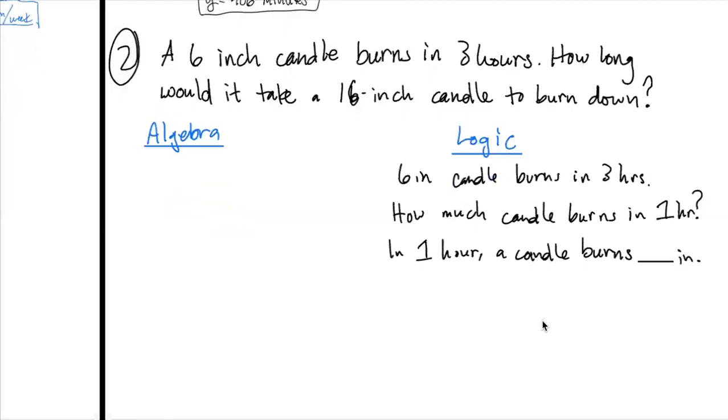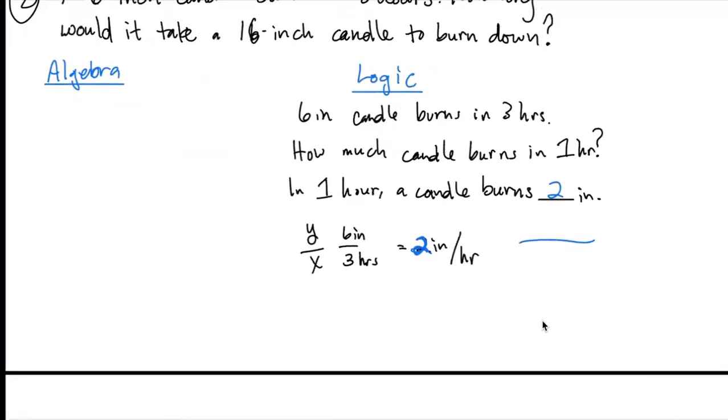If 6 inches burns in 3 hours, remember I'm going to do y over x. That means 6 divided by 3, it burns 2 inches every hour. We do some blue and blue so you can see them line up. In 1 hour, a candle burns 2 inches.